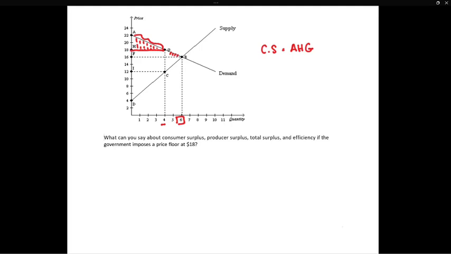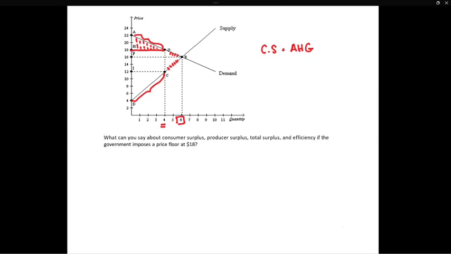Now let's find the producer surplus. Since only 4 units will be sold, some sellers will leave the market. These sellers will not find any buyers and they will have to leave the market. Only these sellers will participate in the market, and these are the sellers with the least cost.